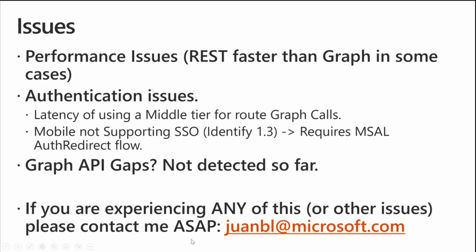So bottom line, this is on track. We are getting requests and issues from some of you. The call to action here is, if you are experiencing anything that is preventing your add-in from having a great experience, please contact us. We're here to help.